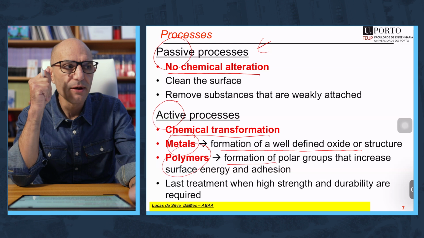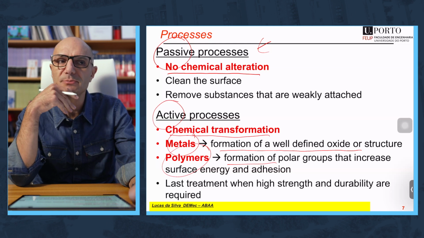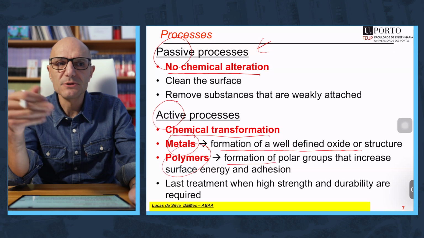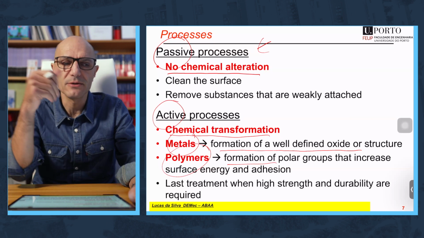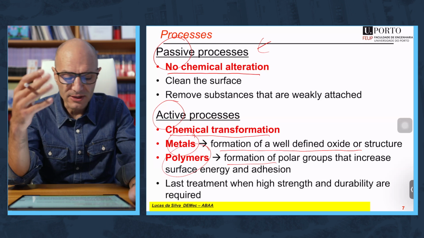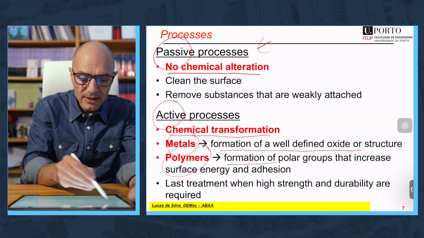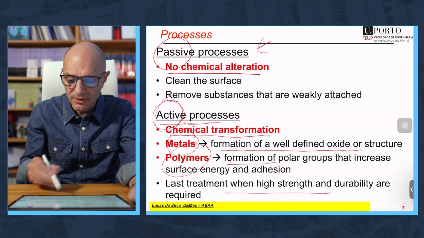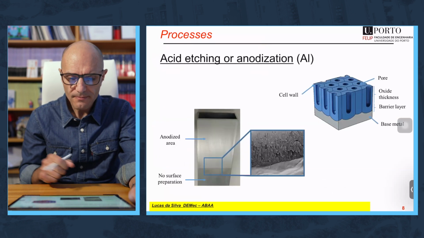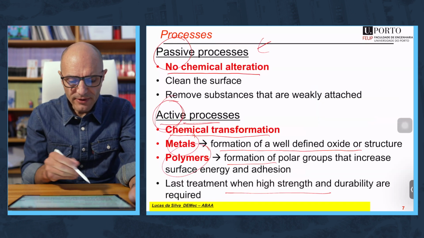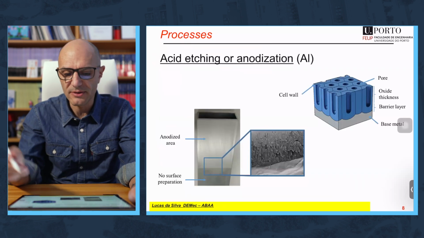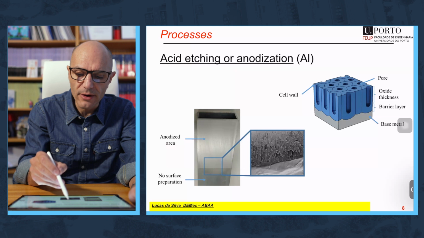You remember the polar forces which are stronger than the dispersive forces, and this can be obtained with several types of physical treatments like corona discharge, flame, or plasma treatment. Really, the active process is when we want something that is strong and that is durable, okay?